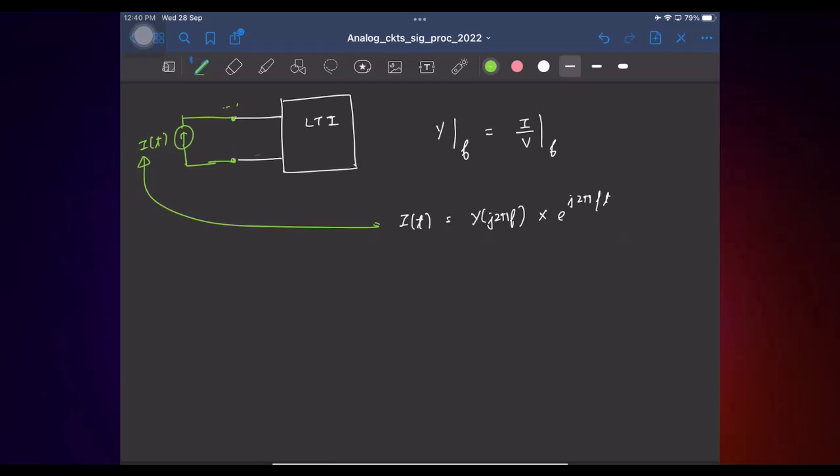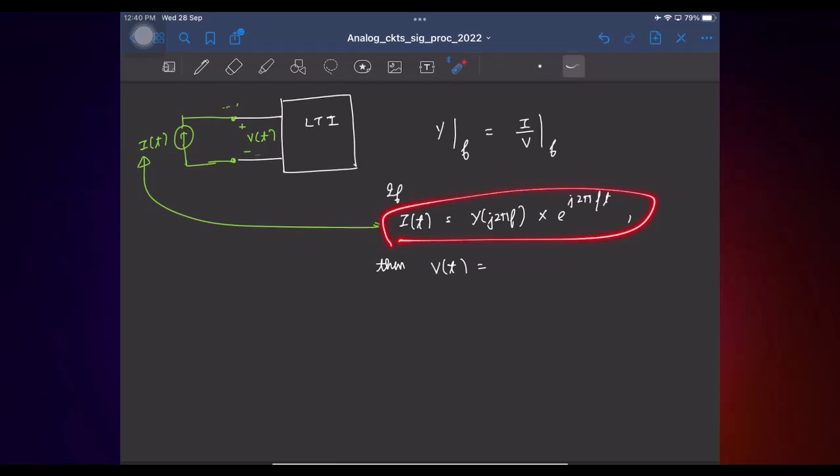So now can you comment on what this voltage will be? I am trying to measure the voltage. No, forget about what it is. It is the same. Why is that so?